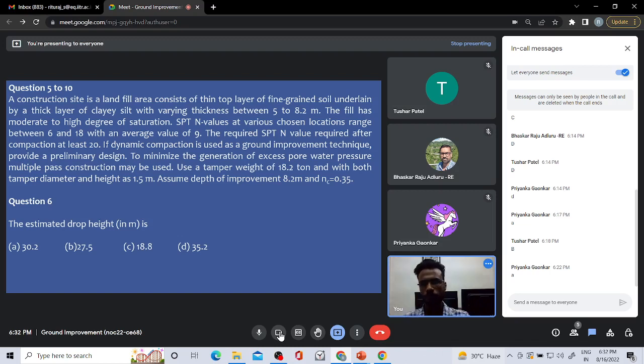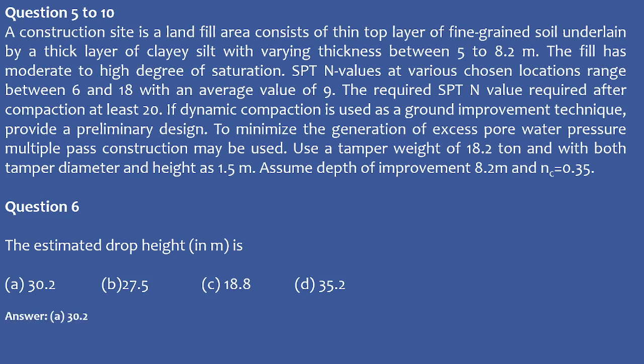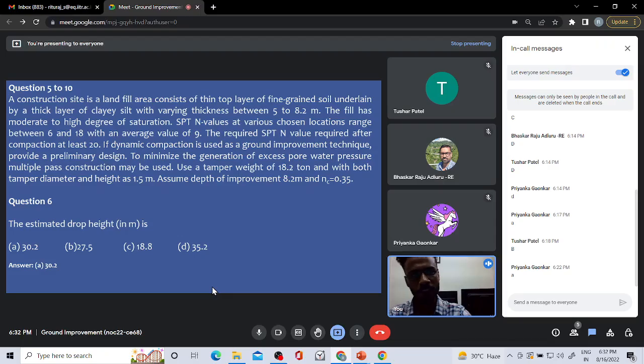So I guess the answer is A, 30.2. Again, Tushar, if you want to. Sir, it is simply the energy per blow divided by the weight of tamper, from the previous question's answer. Yeah, divided by weight of tamper.